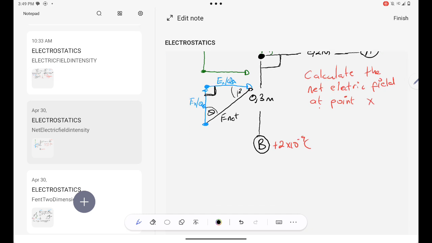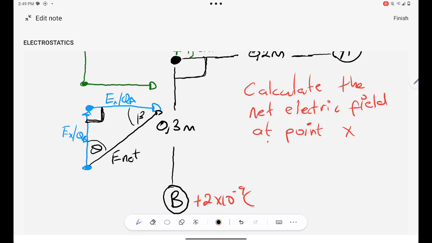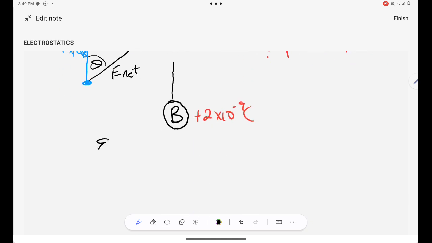Okay, firstly, let's find the electric field at point X due to charge A. The electric field at X due to charge A will be K multiplied by QA over R squared. K is 9 times 10 to the power 9.